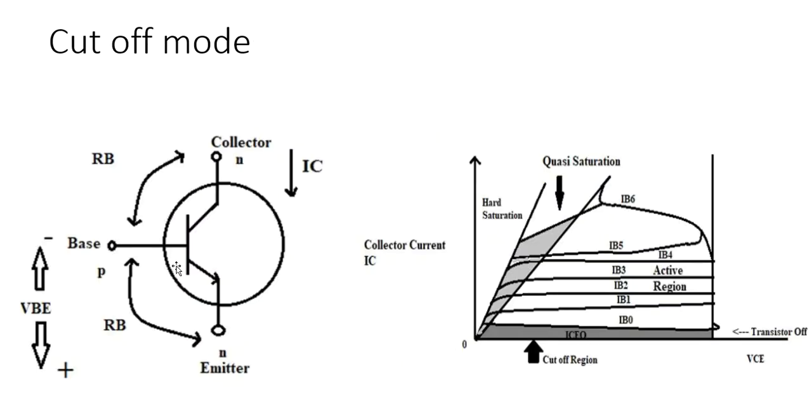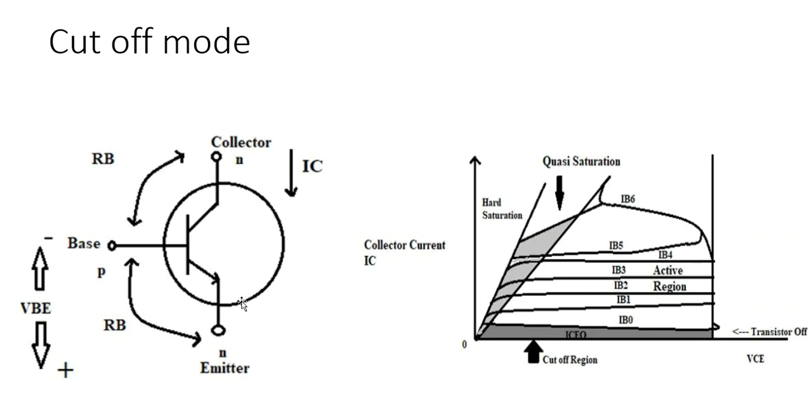First, the cutoff mode. You know what a cutoff mode is? When the transistor does not conduct, it is called cutoff mode. When does a transistor not conduct? Basically when the base emitter junction does not cross 0.7 volt. In a normal BJT, it is 0.7 volt. Here the voltage requirement for forward bias to cross the barrier potential is very high.